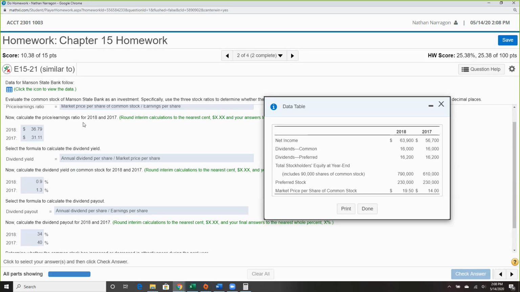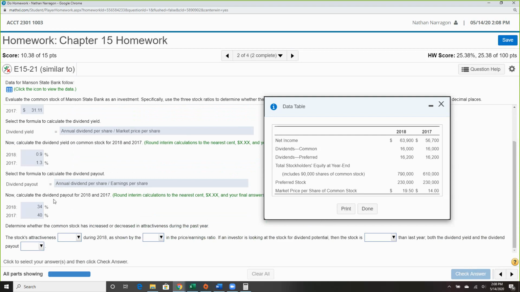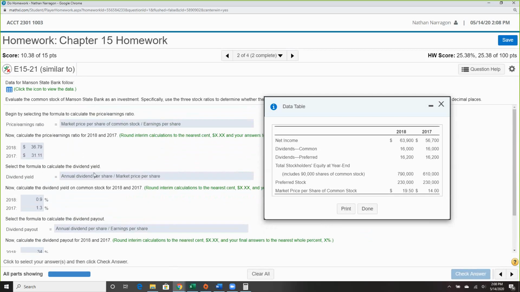But the price earnings ratio is actually increasing. So, the attractiveness is increasing by show of an increase in price earnings ratio. And again, just think as an investor. This is going higher. Oh yeah, you want it.